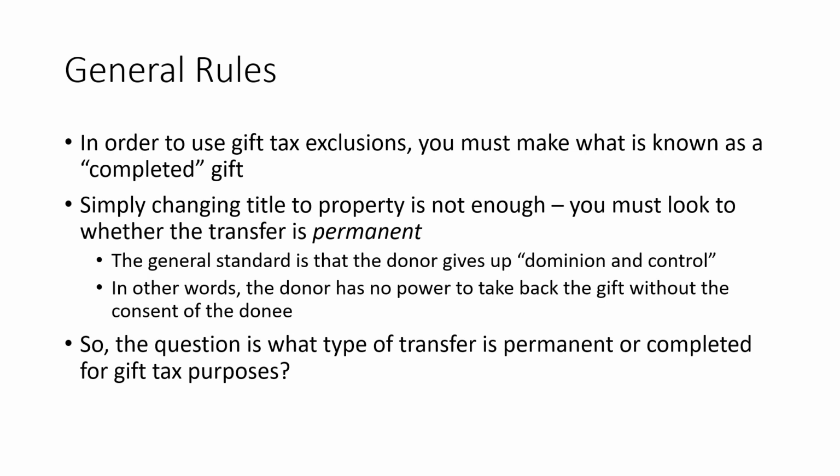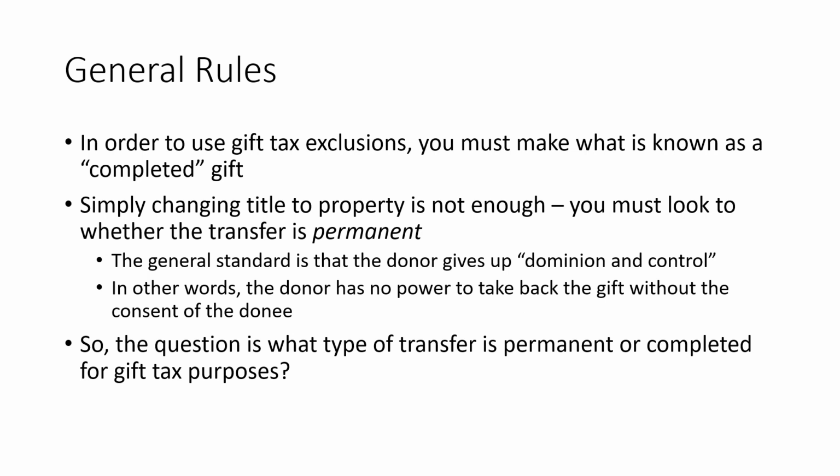From there, it's really semantics to dig into how we define a completed gift. What's important to know on the surface is that simply changing title to property is not enough. You have to look essentially to whether the transfer is permanent. So the standard to get there is to look at whether the donor of the gift gives up dominion and control over the property.